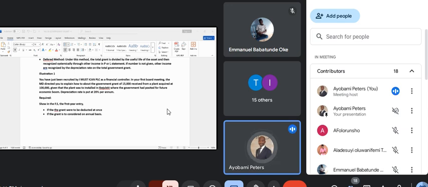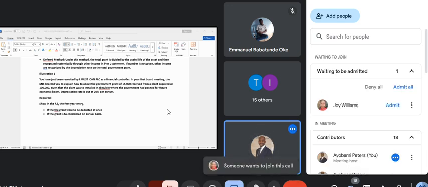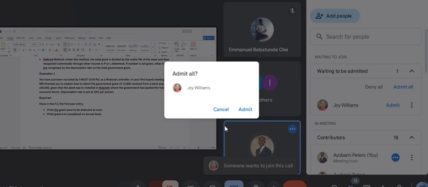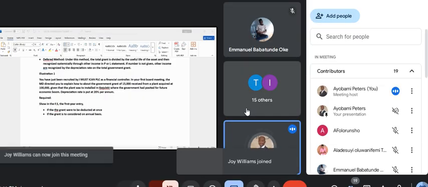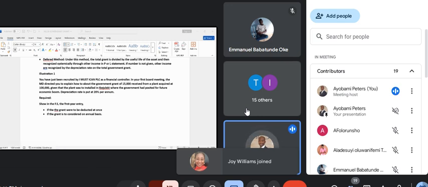Now, IAS 20 has two legs: government grant, and government assistance.